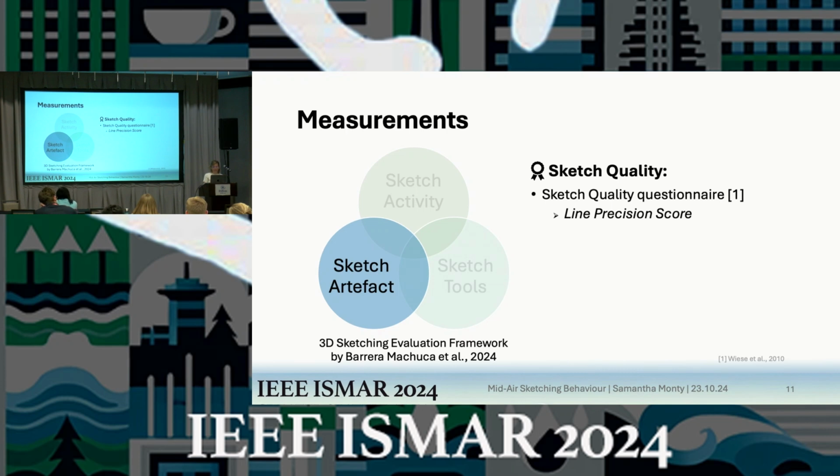And to assess the sketch artifact, we ask users to self-evaluate the quality of their own sketches with an immersive sketch quality questionnaire using the category system developed by Weiss et al. For each task, users select one response in each of 4 categories, and the scores are summed to a line precision score.